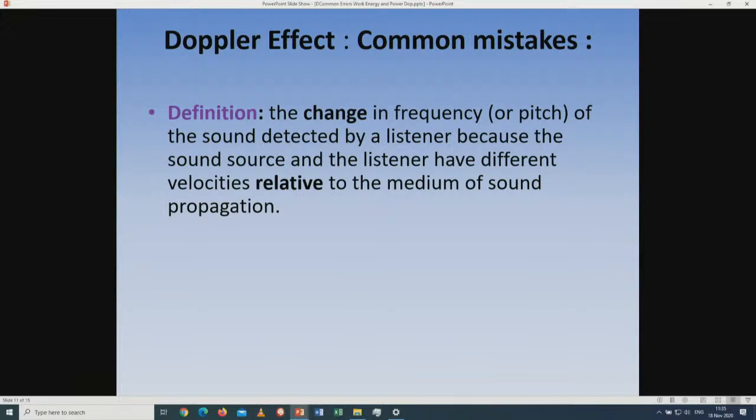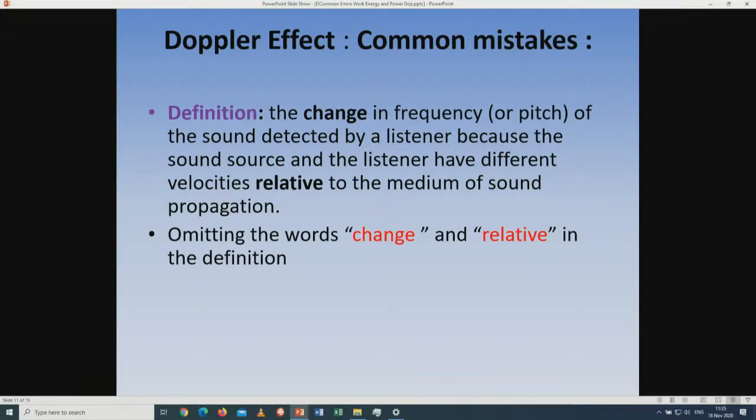Again, emphasizing the common error: learners omit the change in frequency and the word relative. There are two ways of stating that last part.